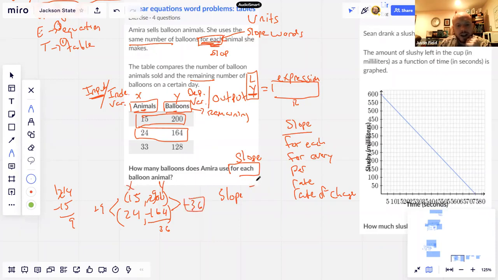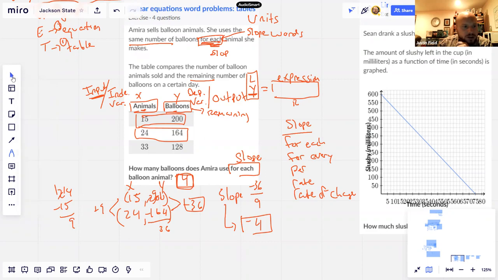It is negative 36 over 9. And 36 divided by 9 is 4, right? I think it's 4. So the slope is negative 4. How many balloons does Amira use for each balloon animal? She uses 4. All right.